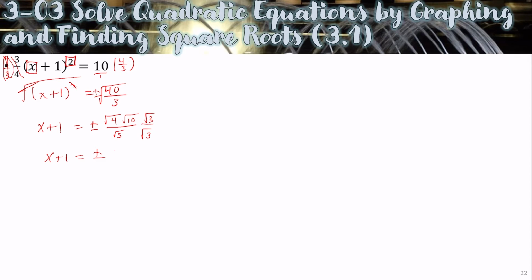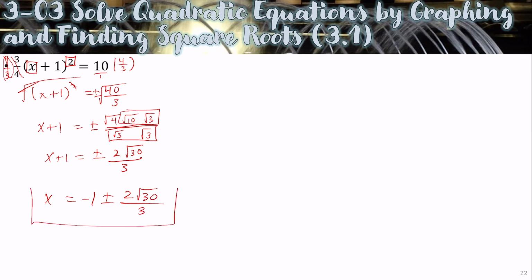So the top, the square root of 4 is 2. But these I can't do anything with, so maybe I'll multiply them to get 30. Then square root of 3 times square root of 3 is square root of 9, which is 3. And then subtract 1, so it's minus 1 plus and minus 2 square root of 30 over 3, which is about as hard as it can get today.